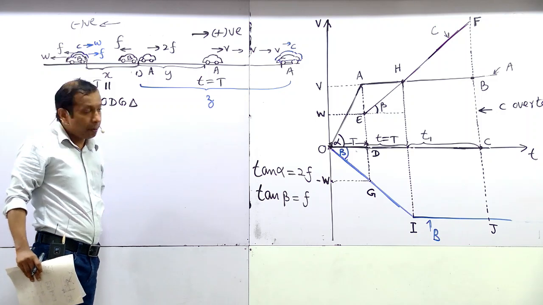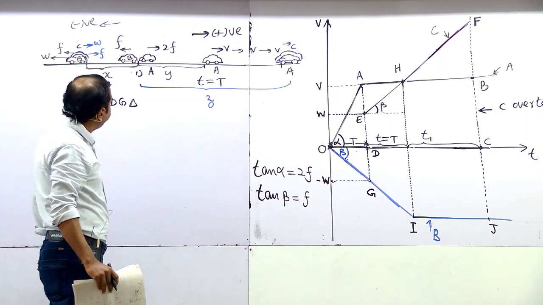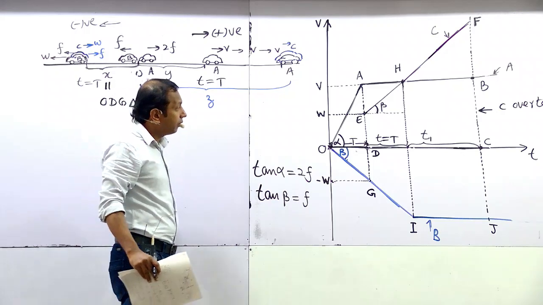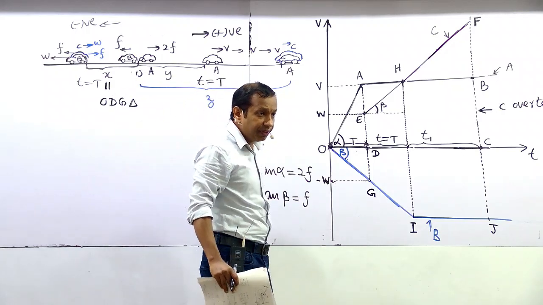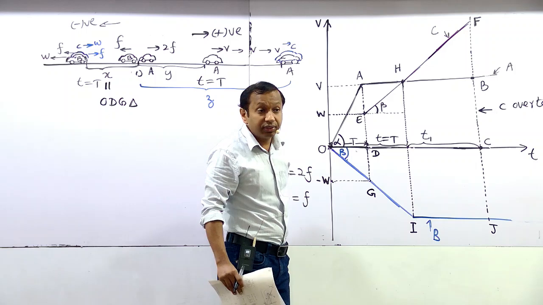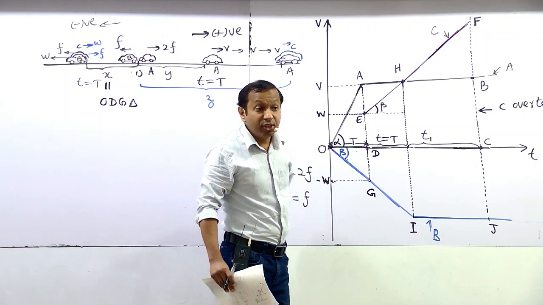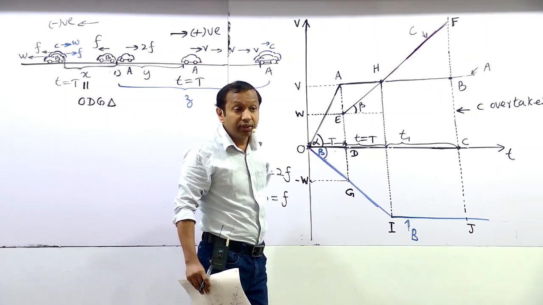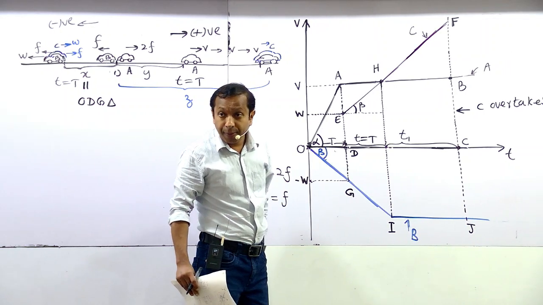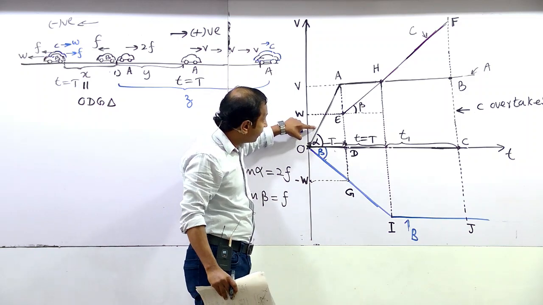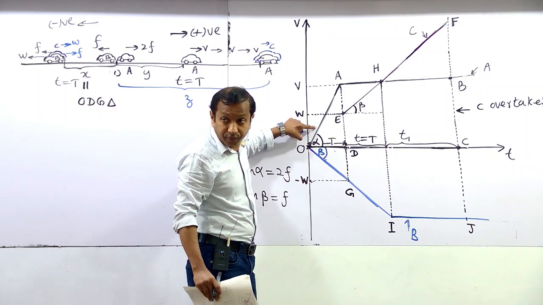Yes. Next one, people, until the overtaking takes place, from the start, what is the displacement traveled by the car capital A? Car capital A VT graph is this. Okay.